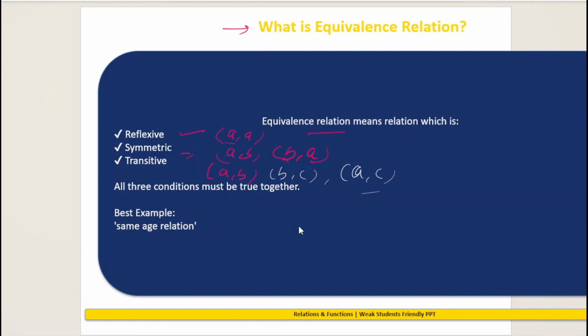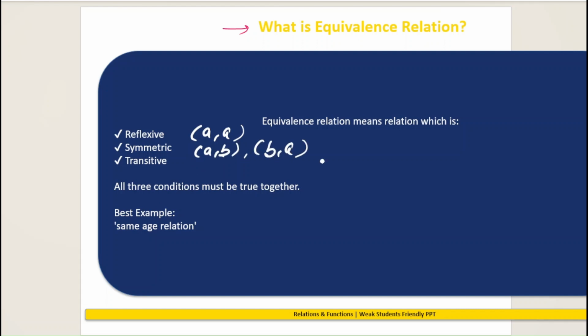Let me write here what I mean to say. If the question is to prove that this relation is an equivalence relation, it is only possible when we have reflexive, meaning the relation must contain the element paired with itself also. Symmetric: if it contains (a, b), then the relation must contain (b, a) also.